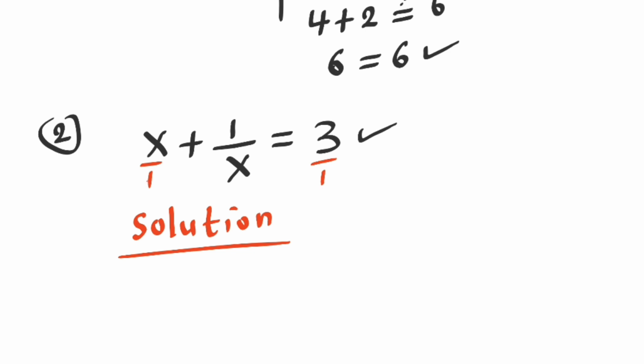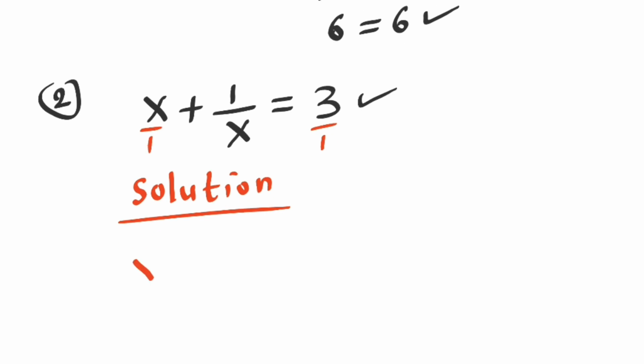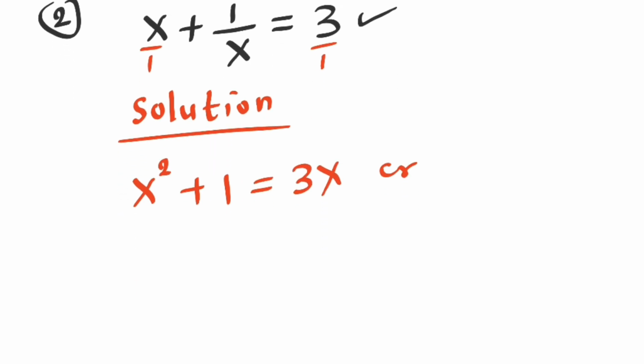Now 1 in s, that is s times s, s square, plus s in s times 1, s in s, 1 times 1, that is 1, is equal to 1 in s times 3, that is 3s.